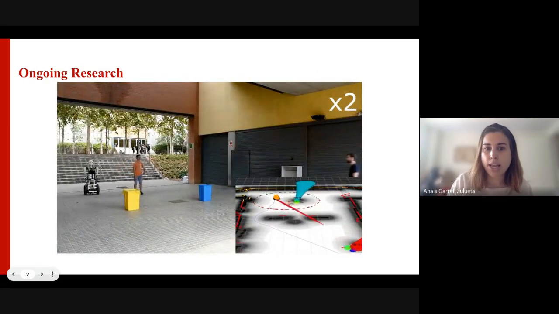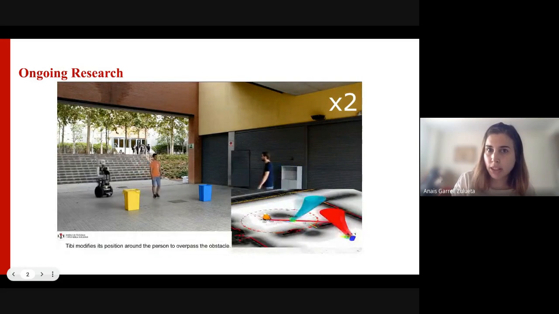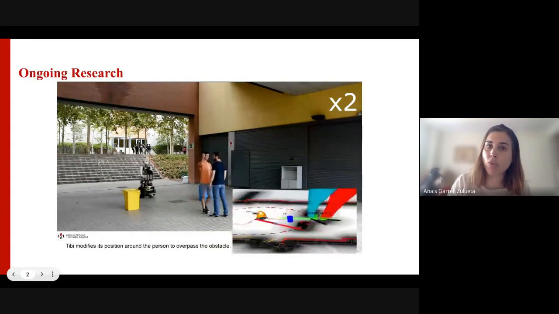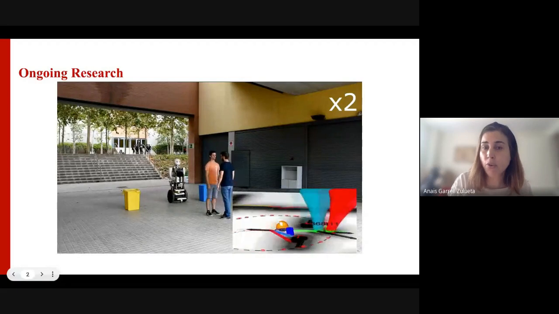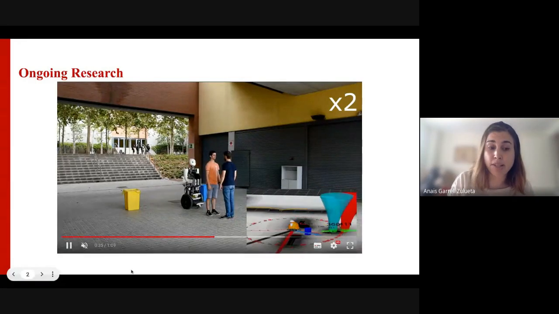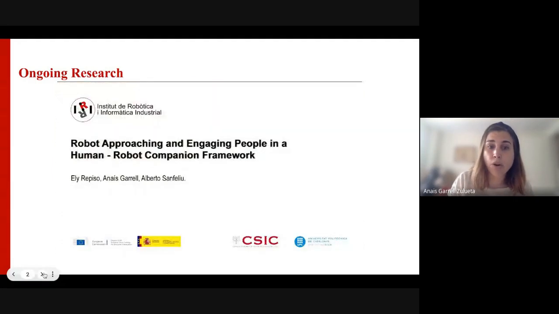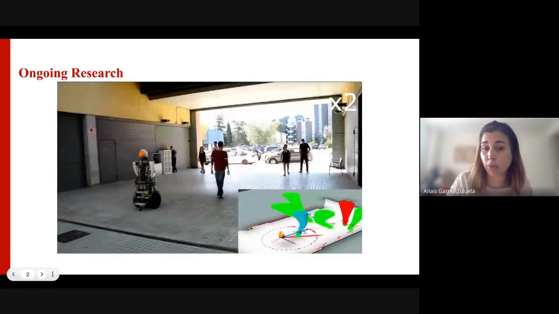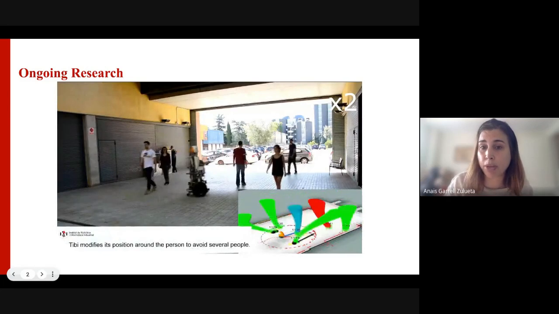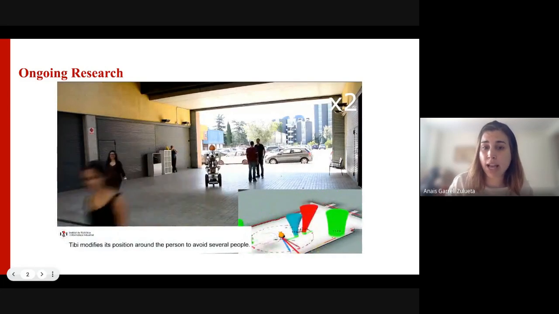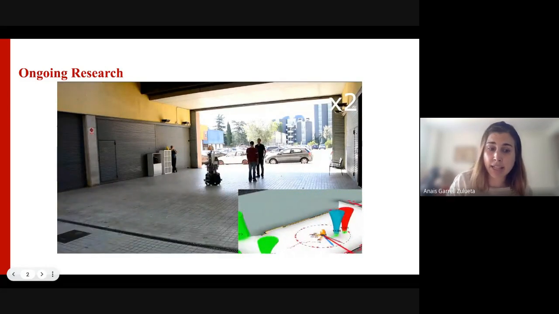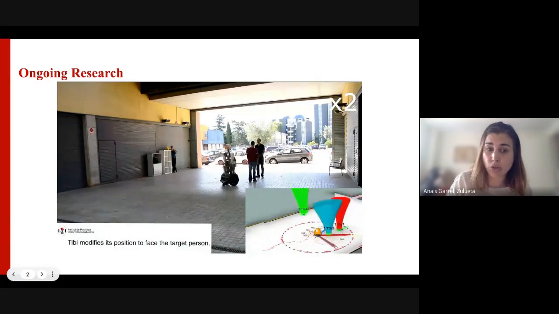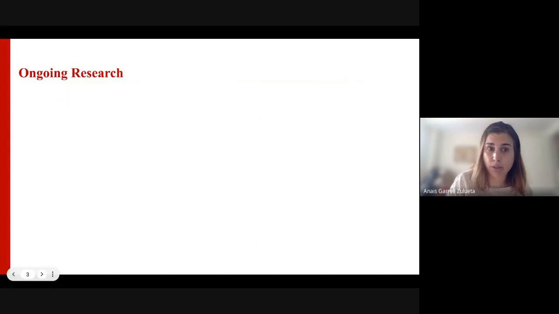It has to avoid obstacles, of course, but also follow the social conventions, respecting, for instance, personal spaces. We work on different navigation tasks, like Alberto already explained to you, so I won't repeat it: companion tasks, guiding tasks, and we work both with ground robots and also with aerial robots.